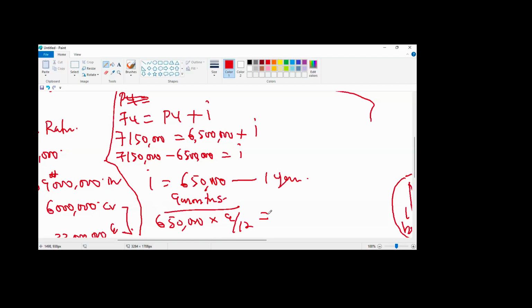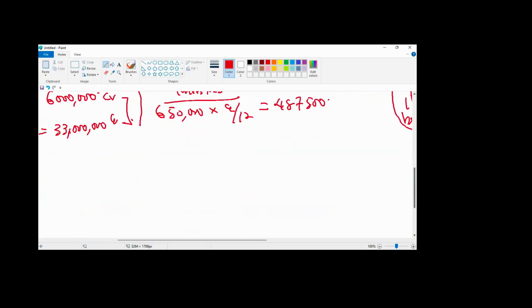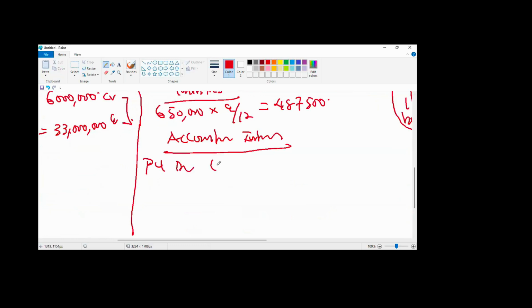So 650,000 times 9 over 12 gives me 487,500. Thank you. So the accounting entry to raise now will be: present value debited to cost of investments, which is 6,500,000.